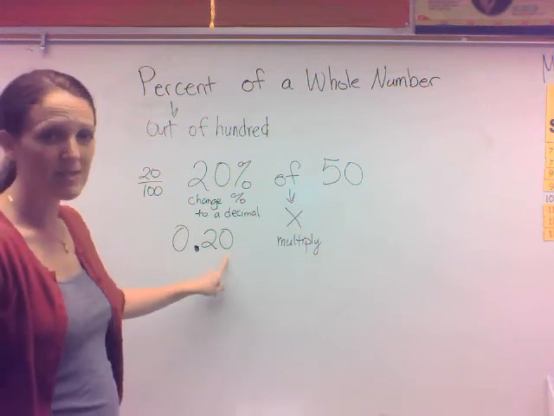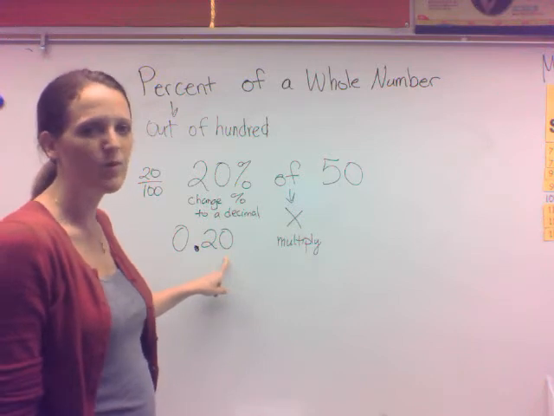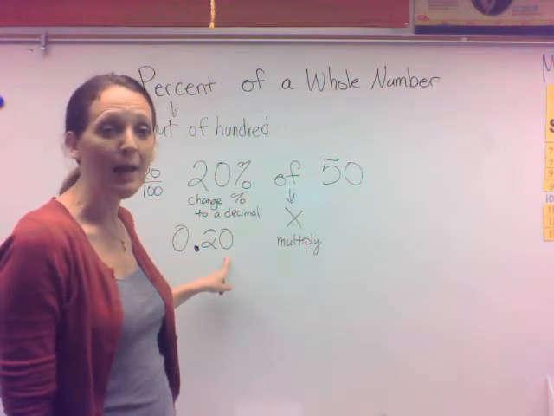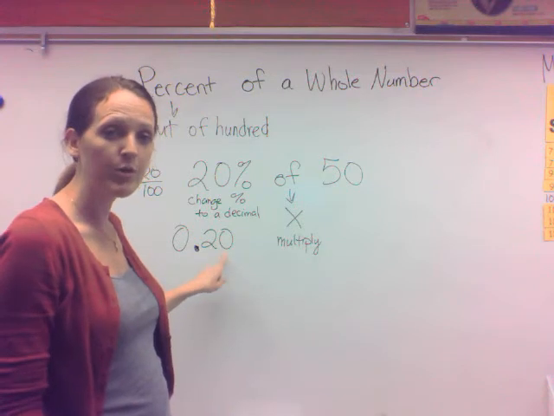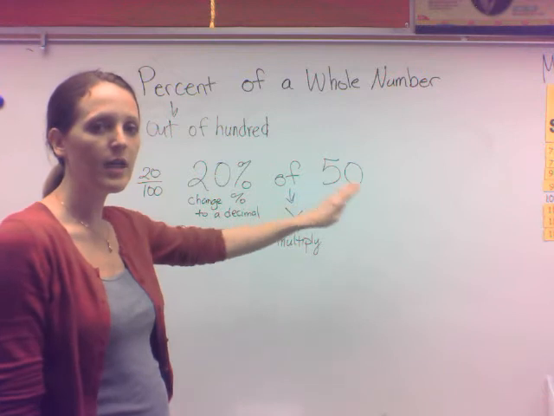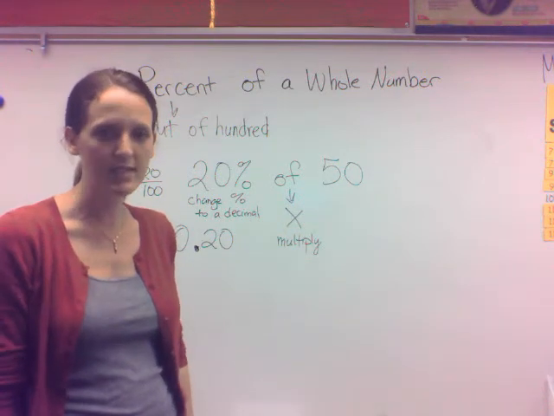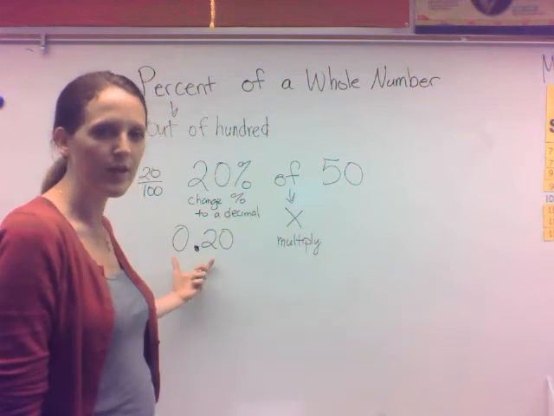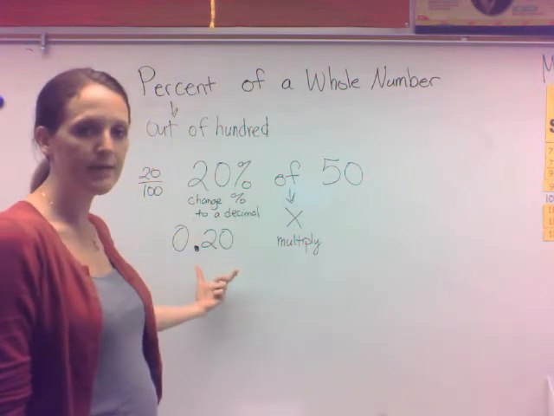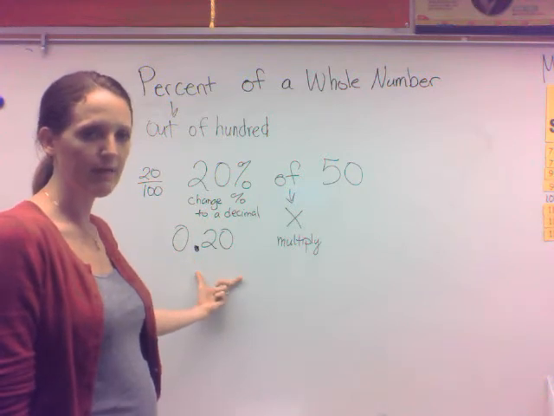I don't like using it because it makes it messy, but just for you to be able to follow it, I'm going to leave the zero. If you're comfortable dropping off that zero and not carrying it over to multiply, don't use it. It makes it messier, but just for the ease of remembering that 20% is 20 out of 100, I'm going to leave it there.